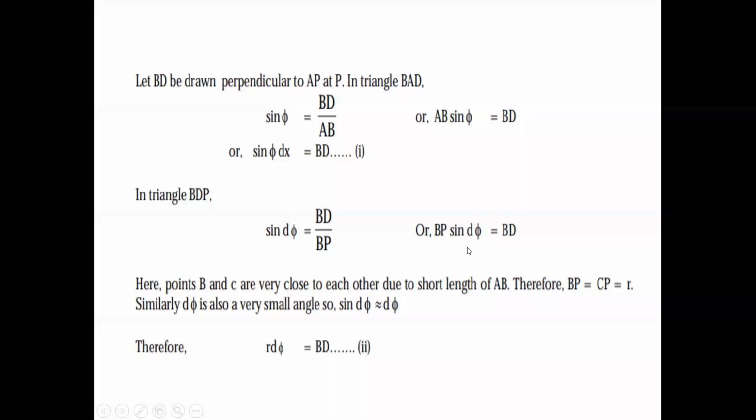As the d phi value is very small, we take this R sin d phi as R d phi. Already in the last class we discussed that as the d phi value is very small, sin d phi is equal to d phi. So from equations 1 and 2, the expressions of BD are equivalent.